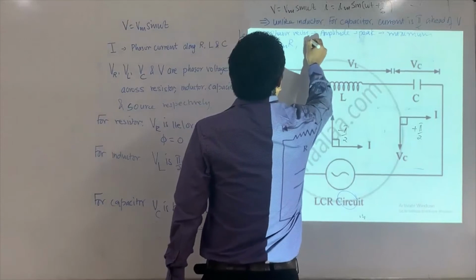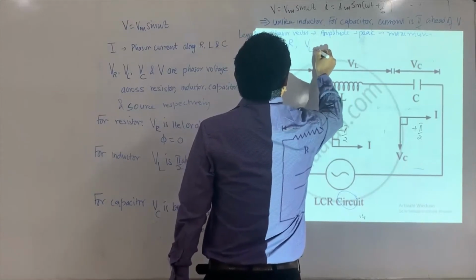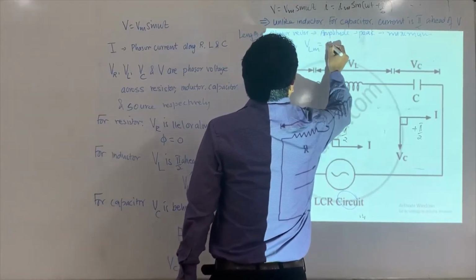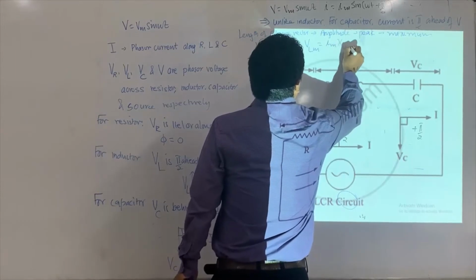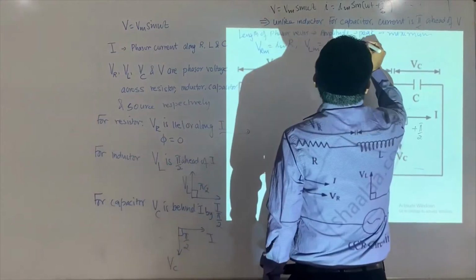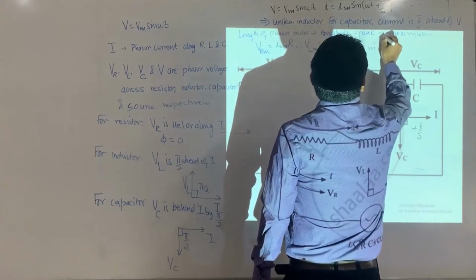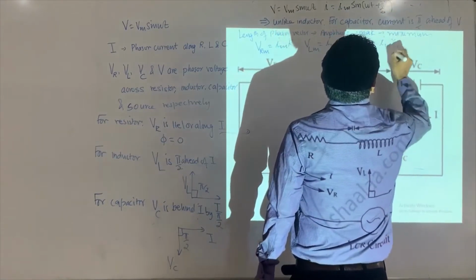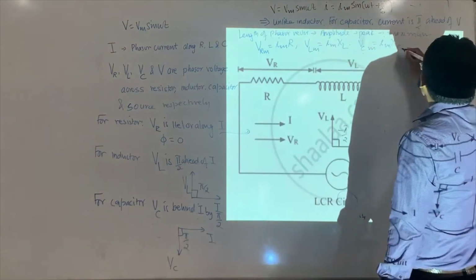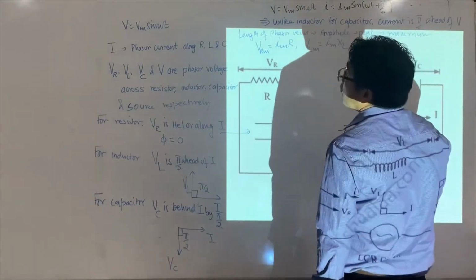This is the amplitude of voltage across the resistor, and this is the amplitude of voltage across the inductor, and this is the amplitude of voltage across the capacitor. Let me write here for your understanding.